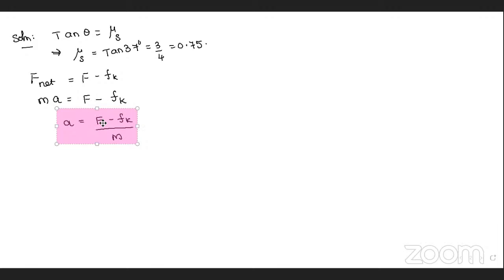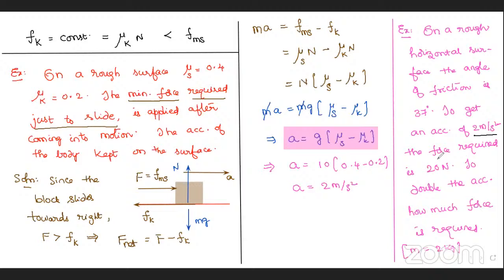If the surface is rough, instead of F by m, we are going to use F minus Fk by m. Now is it clear? On a rough surface, next we directly use this formula without deriving. Good. From this formula, the information I am going to substitute here: first, he said acceleration is 2 meter per second square when the force applied is 20.